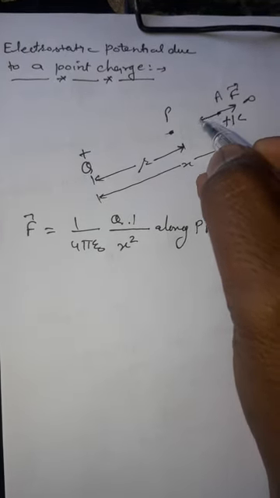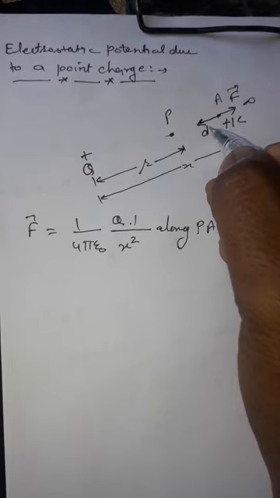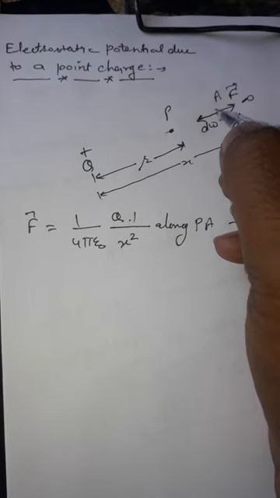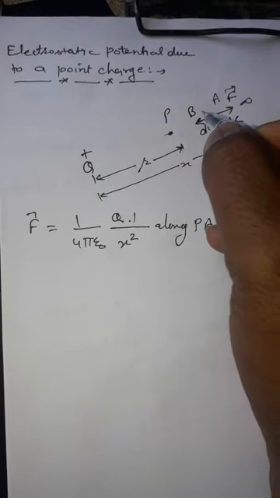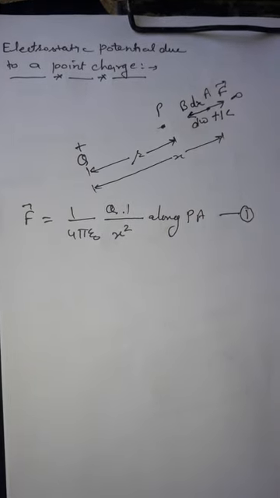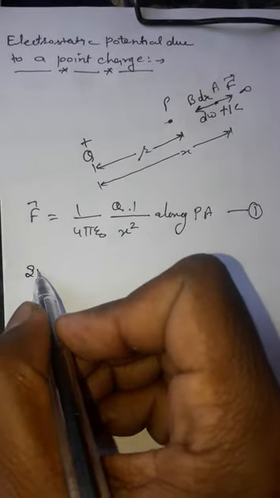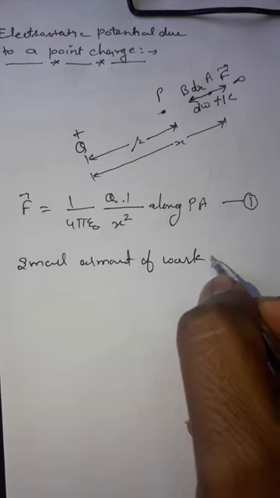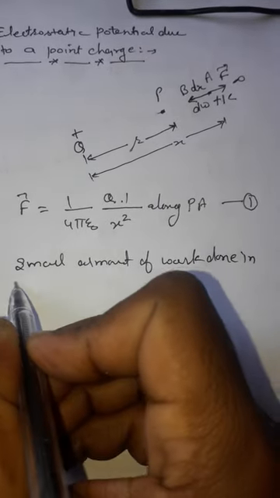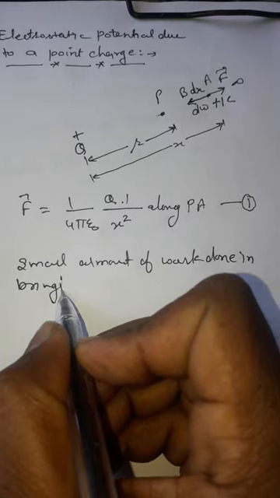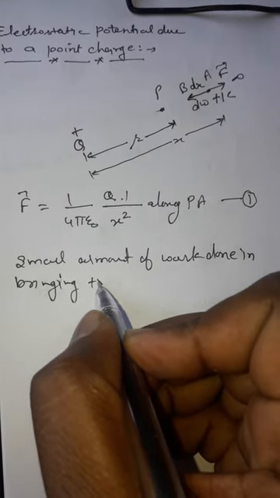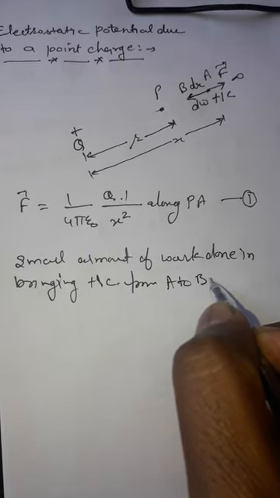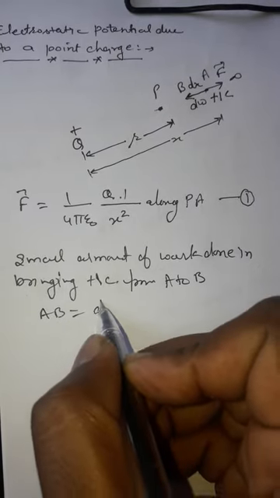Let dW be the small amount of work done in bringing a unit positive charge from A to the nearest point B, that is AB, which is equal to dx.